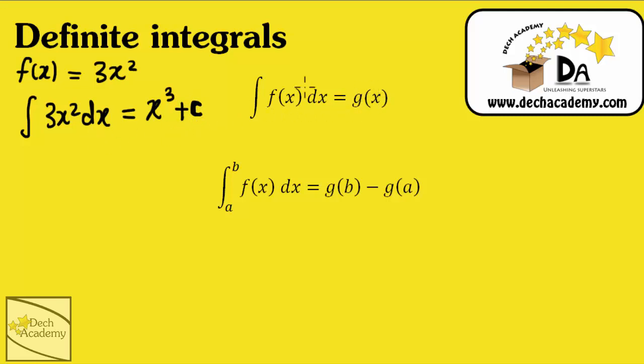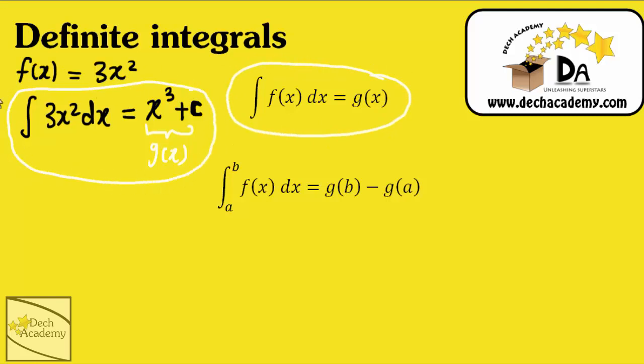So g of x here is this x cubed plus c. As you can see, it's a function of x. So if you compare this expression to this equation, you can see that f of x is 3x squared and g of x is x cubed plus c. So g of x is the indefinite integral of f of x.